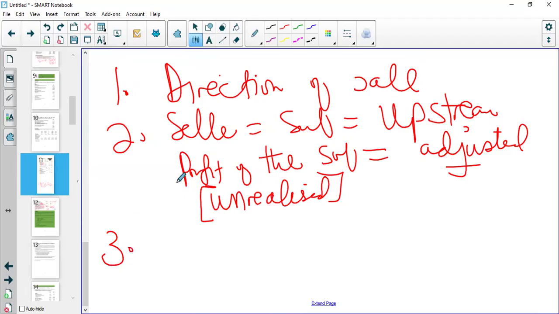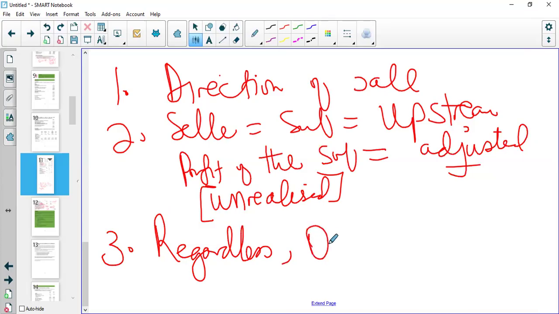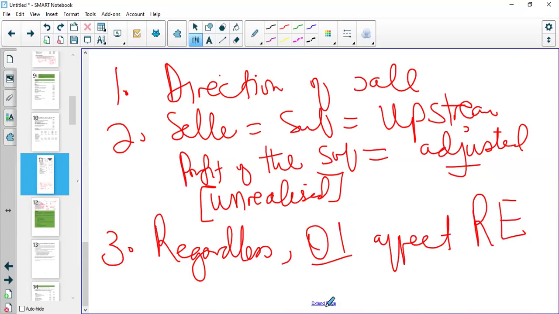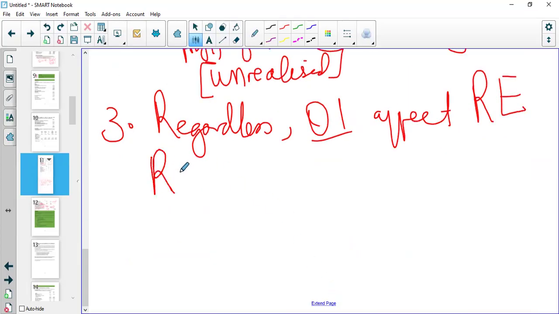And I want you to remember that this adjustment, regardless of who is the seller, the adjustments for opening inventory will affect retained earnings. So now, if this is the retained earnings of the subsidiary, of course we need to subtract any unrealized profit, whether the seller was the parent or the subsidiary.